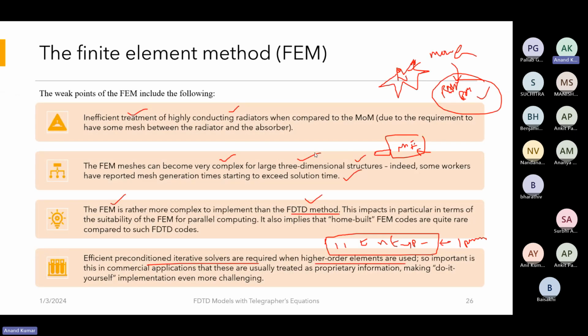Okay, so I'll maybe pause over here and take questions. In the next few slides, we'll look at a couple of other methods in short, and then we'll probably end today's class and begin with more material in the next class.